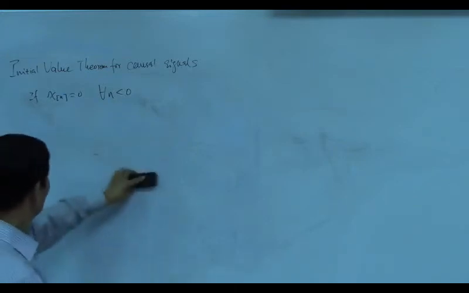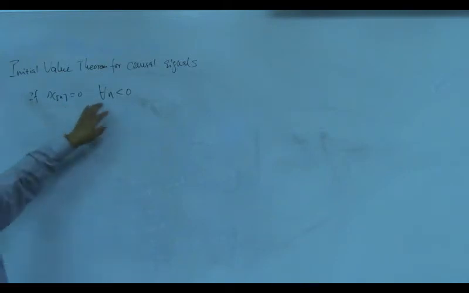Again, you imagine the waveform of this signal. Do we have any value for negative time? No? Okay, good. This one is shifted to the right by 1, so this is a causal signal. How about this one? Okay, good, it's no, because when n equals negative 1, we do have 1, which is not equal to 0. So this one is not causal. We only discuss causal signals in this initial value theorem.